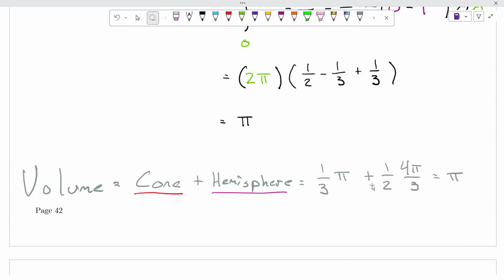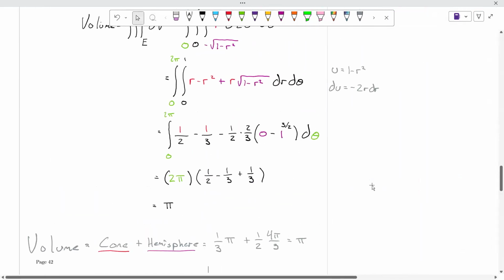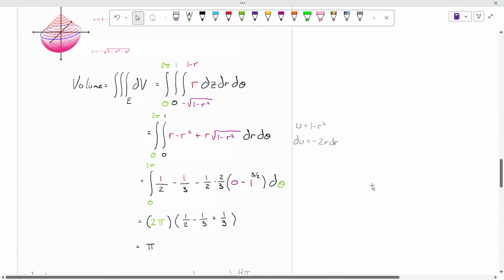So don't forget that if you have simple shapes that you know some stuff about, you can check their volume just by their geometric equations. Same formulas that we've had since like forever at this point. I don't really remember how long ago you would have learned volume of a sphere, but I imagine it was before this class. But we can always use that to check our answer if we've got some simple shape, which I think we have here.